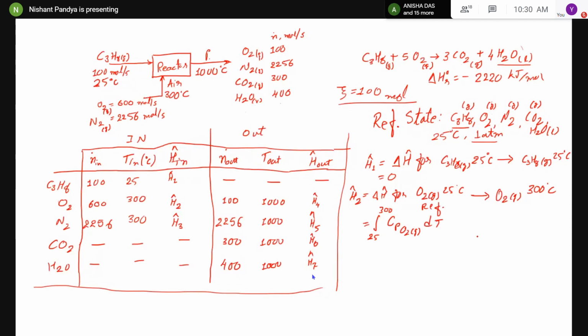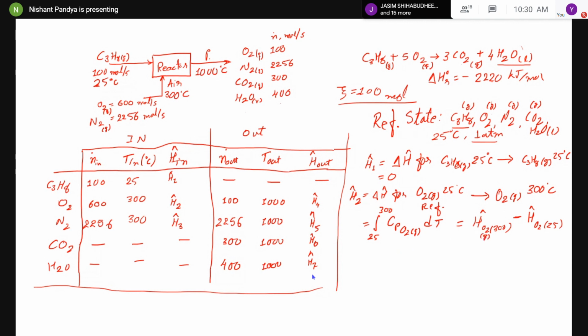Or we can also calculate using the enthalpy data. If you know the enthalpy at this state and the enthalpy at that state, we can calculate: enthalpy of O2 at 300 degrees Celsius, H cap, minus H cap of O2 at 25 degrees Celsius. Both are in gas form.